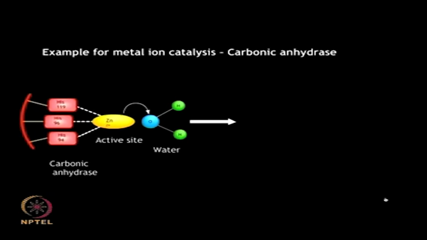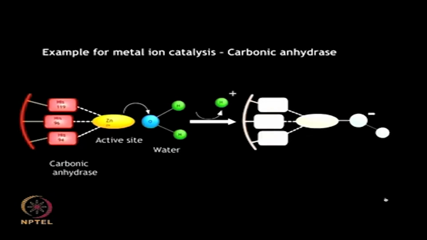The zinc ion in its active site is bound to the imidazole ring of three histidine residues as well as to a molecule of water. This binding to water facilitates formation of a hydroxide nucleophile with concomitant release of a proton.